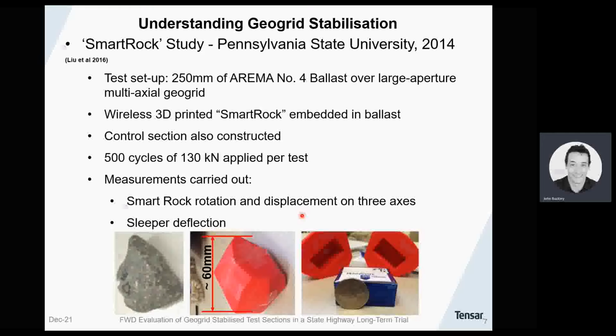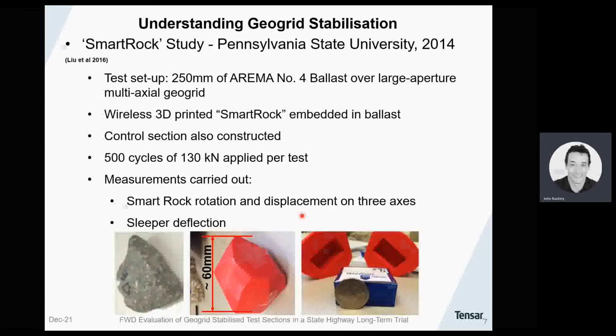A larger scale study was done in 2014 by Penn State University in the US, and it was known as the Smart Rock study. It was a full-scale test setup that comprised 250 mil thick layer of AREMA number 4 ballast, and this is sized between 20 to 50 mil over a large aperture multi-axial geogrid. There was a control section that was run alongside the geogrid section, so this is a comparative study.